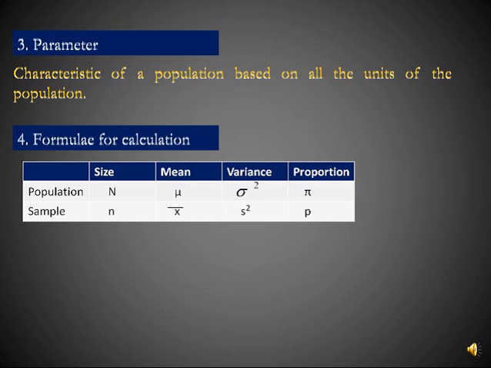The proportion of a population is denoted by pi and the proportion of a sample is denoted by small p. Then for calculating an attribute, we have small n is equal to P Q Z square alpha divided by E square.